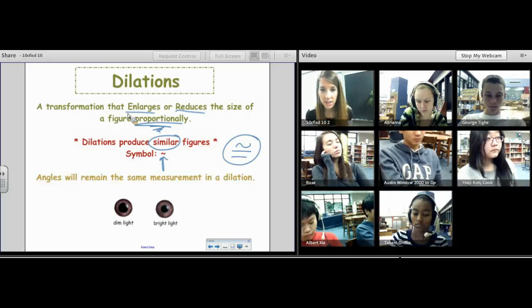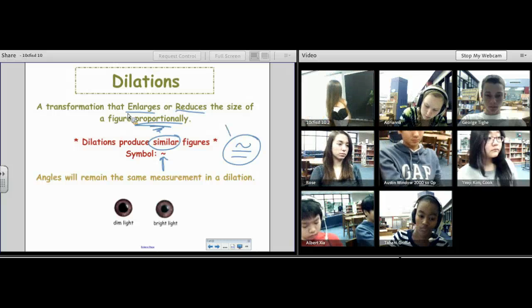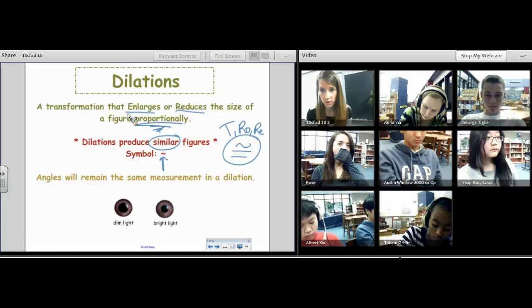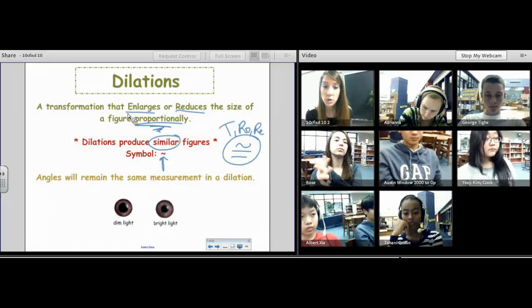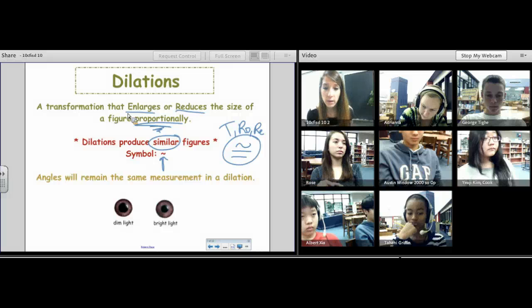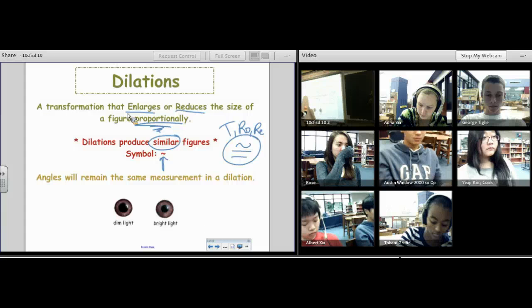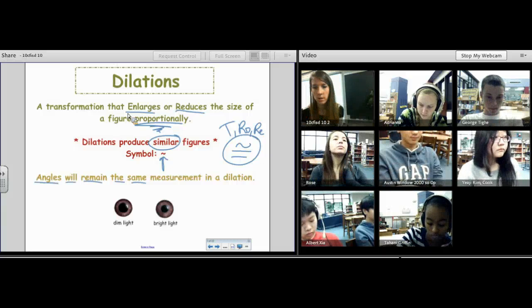So dilations produce similar figures, whereas all the other ones, translations, rotations, reflections, they all produce congruent figures. Huge, huge point right here. Angles will remain the same in a dilation because it's proportional. That's why.